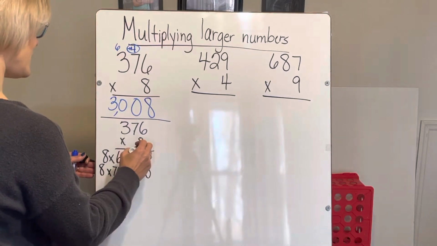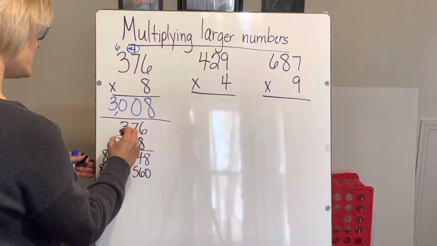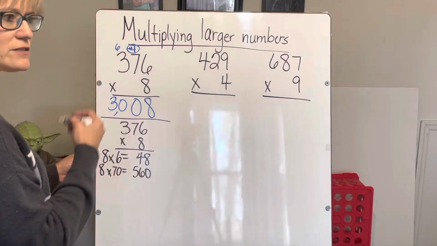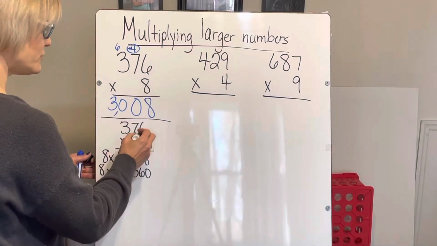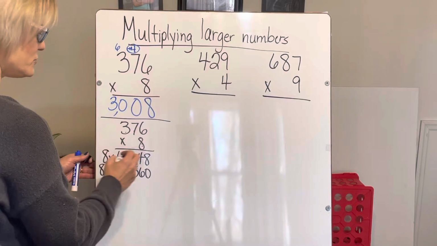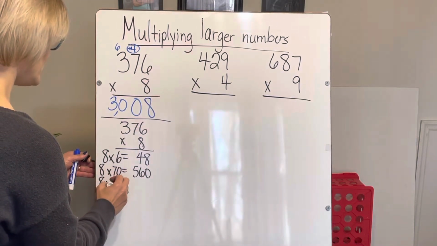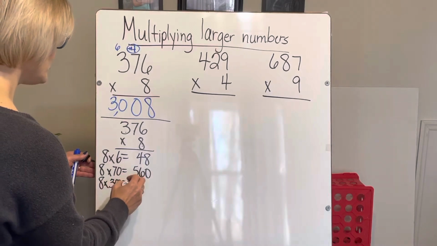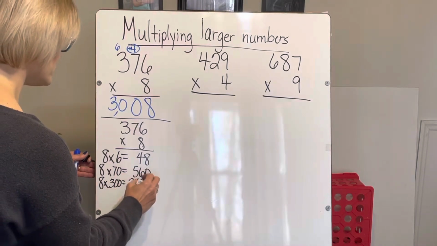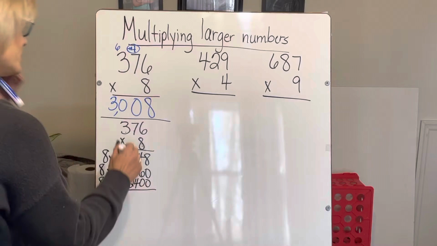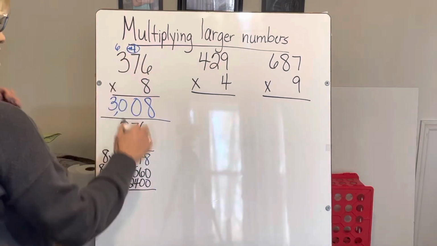And then we have 8 times 300. Remember, this is why we did the expanded form. We've got the ones, we've got the tens, we've got the hundreds. So we have 8 times 300, which is 2400. Now we're in the addition zone, just like we were in the addition zone up here.